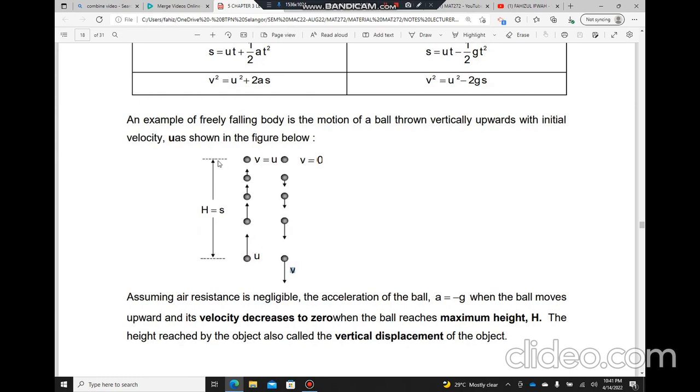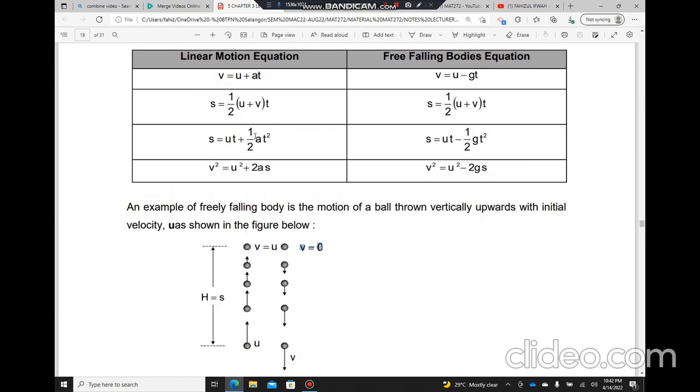Okay, bila capai kedudukan maksimum, v equals to 0. Okay, so this one also we call vertical displacement of the height reached by the object. And maximum height, so formula dia just kita tukar daripada a untuk pecutan ataupun acceleration, we change to negative g.